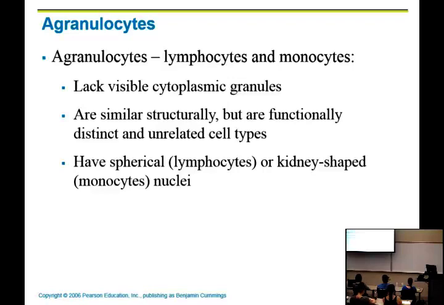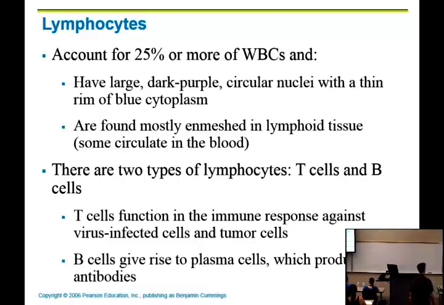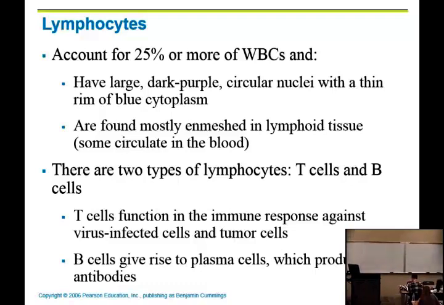All right. Agranulocytes, two other ones. We know that we have lymphocytes and we know that we have monocytes. Now, lymphocytes at this point, we're going to keep it rather simple. Lymphocytes help with what we call immunity. There's two types of lymphocytes, T lymphocytes and B lymphocytes, and they both help with the long-term protection against different types of pathogens. Okay? So they do it in different ways. B cells actually produce antibodies.